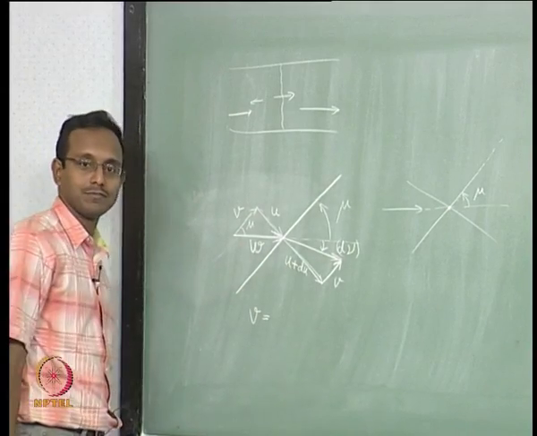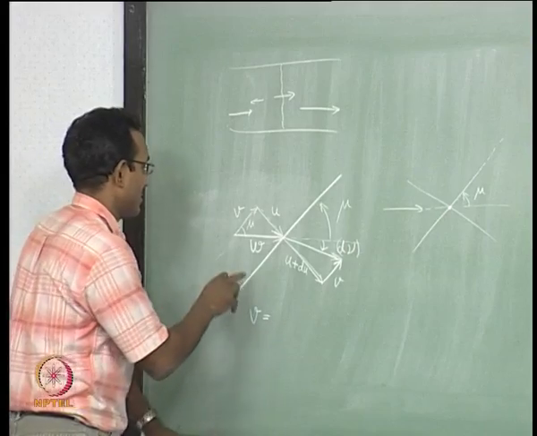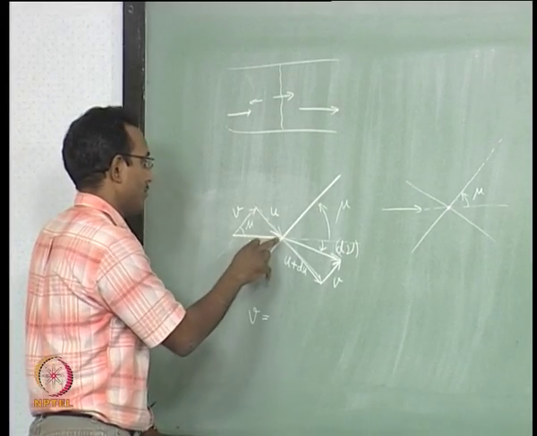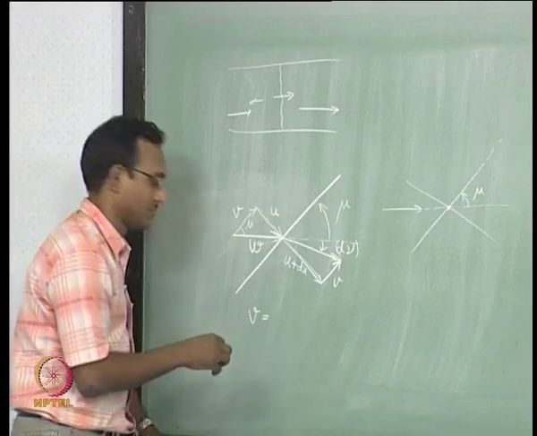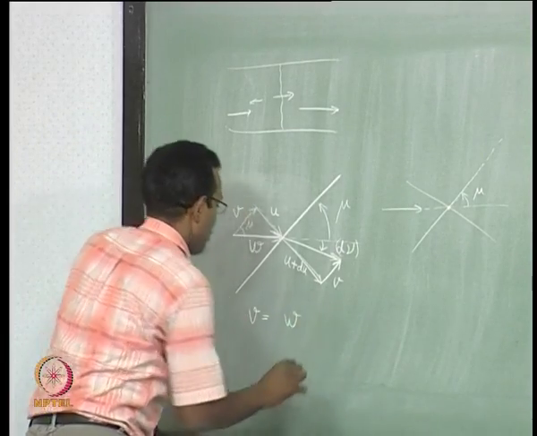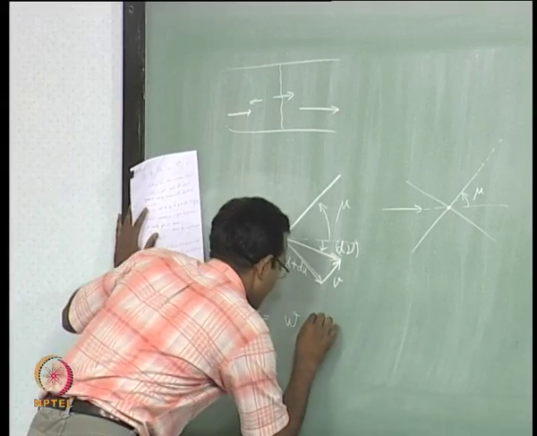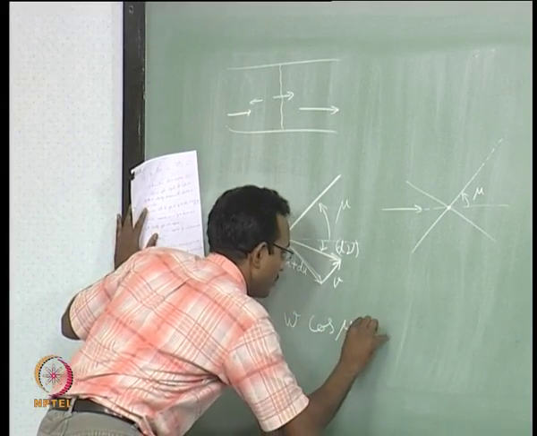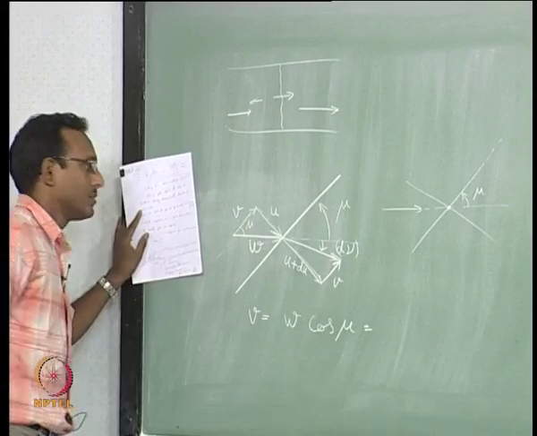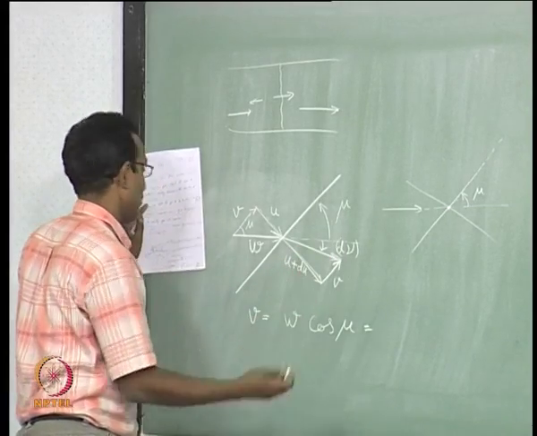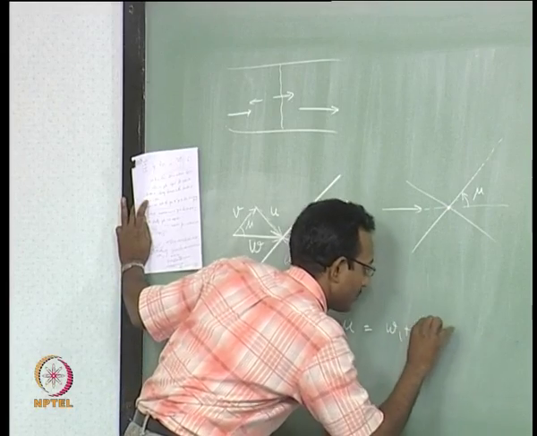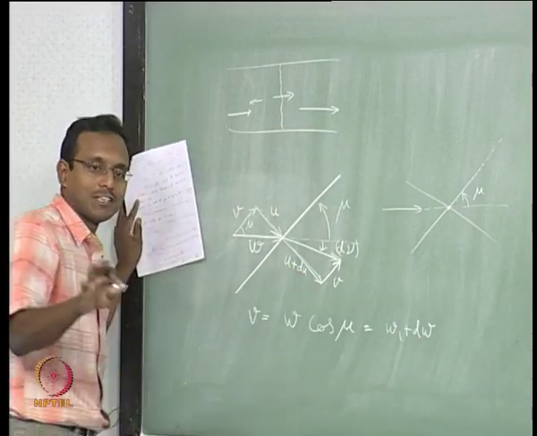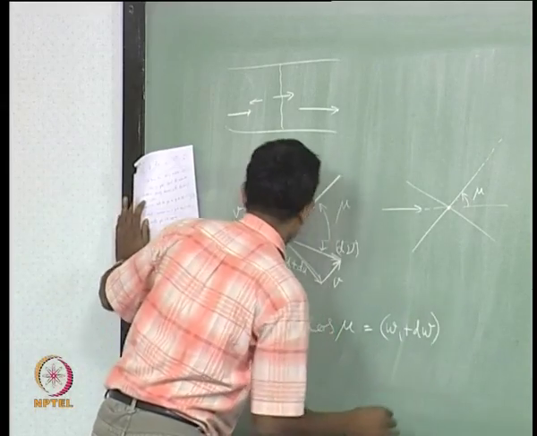I am going to use w times cos mu, where w is the velocity. This is going to be equal to, on the other side, w plus dw. W is again the total velocity.